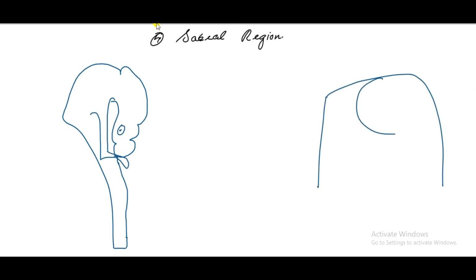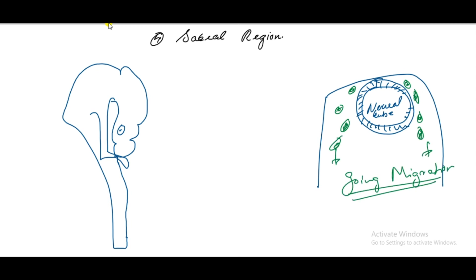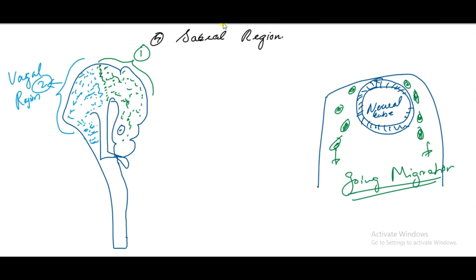So I am drawing here the fetus in the gestational period. Here is the neural tube, and around the neural tube you can see the neural crest cells. They migrate to the cranial part, for example, and to the vagal region and to the truncal region here.